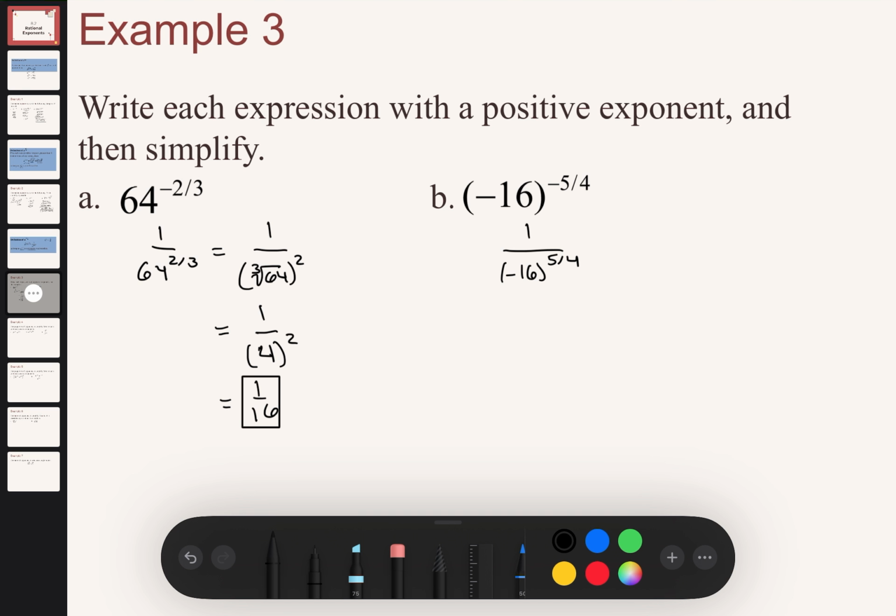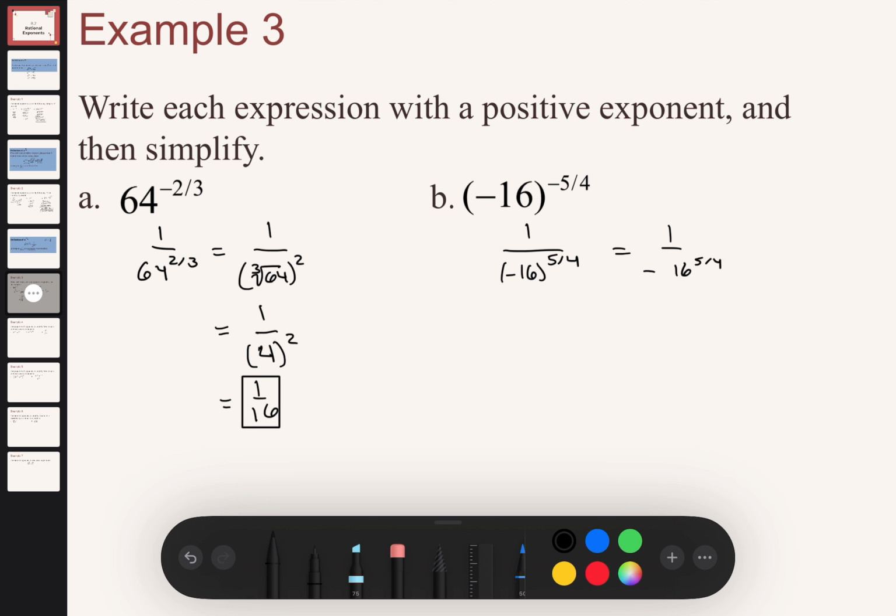Because 5 is odd and 4 is even, I'm going to be taking an even root of this and then raising it to an odd power. So I am allowed to rewrite this as 1 over negative 16 to the 5 over 4, okay? Again, this is only because 5 is odd, which means that negative can kind of stay outside.